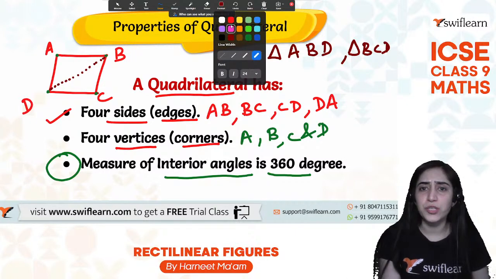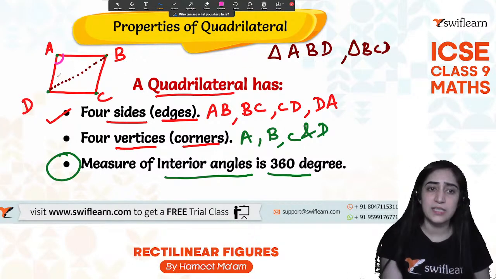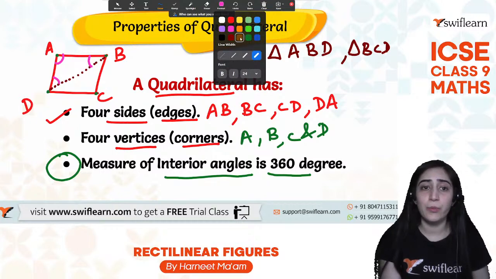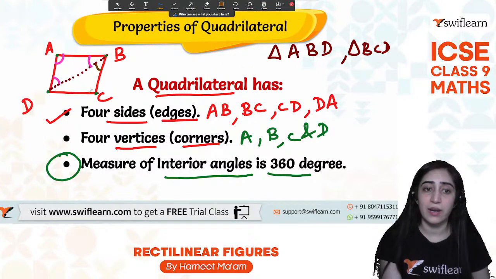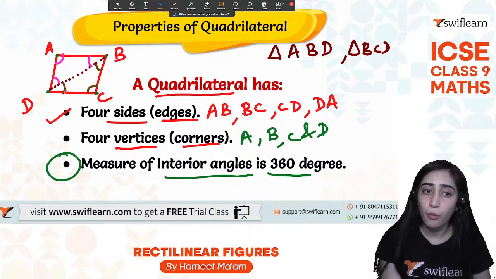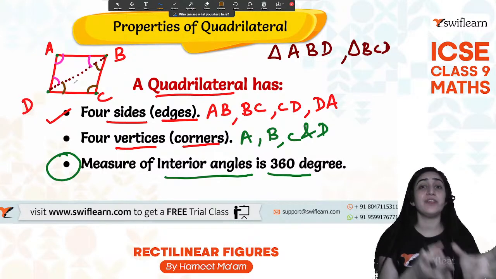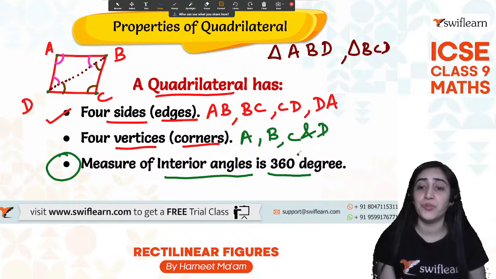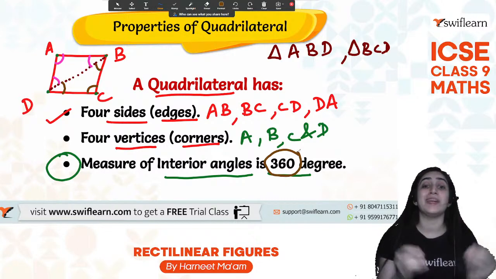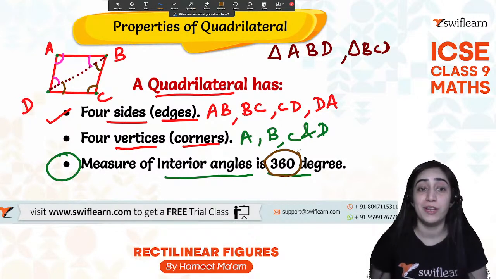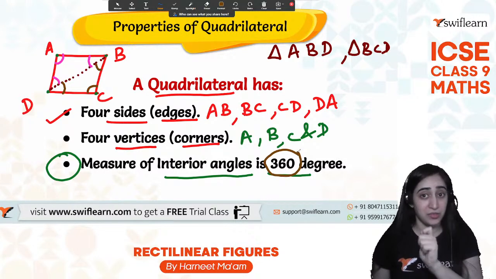Now, if I talk about these angles, what is the sum of a triangle we know? It is 180 degrees. Similarly, this is also a triangle. Its sum would also be 180 degrees. So 180 degrees plus 180 degrees gives us 360 degrees. That's why the interior angle measure of a quadrilateral is 360 degrees.